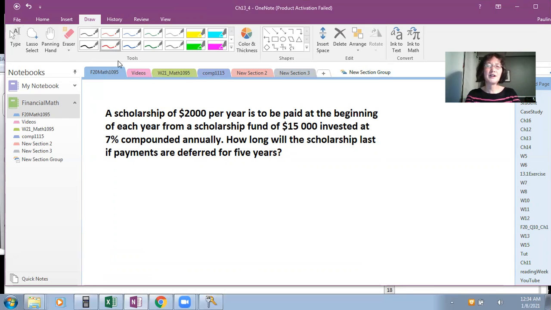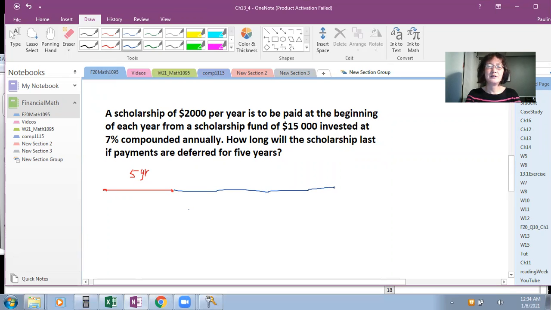So let's draw a diagram. So the payments are deferred for 5 years. So there is a 5 year here. And the scholarship is an annuity.